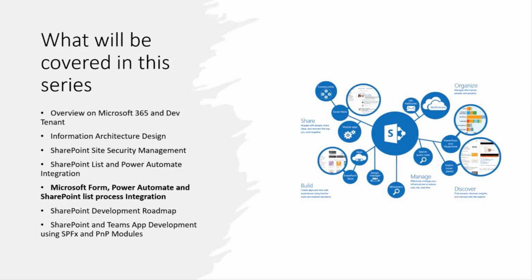In this discovery series, we went through a couple of sessions before. In the first one, we discussed Microsoft 365 and Microsoft 365 Dev Tenant creation, where I gave you an overview of the admin center of Microsoft 365, and also shared the steps to create the Dev Center, which will be available for 90 days.